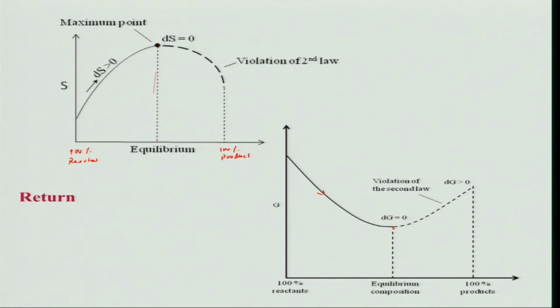That means we need to estimate the equilibrium composition, dG. And this is not possible in this portion, because it will be violating the second law of thermodynamics, and therefore we can't really get 100% product in real situations. We will see that this concept will be used in the next class, and see how we can get the composition.